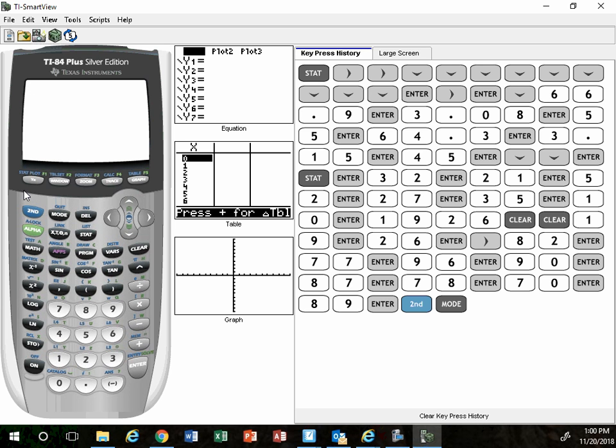What's the order of the lists I'm going to do with my subtraction? Yeah, so we're going to do L2, which is the second list, minus L1. And we want to store these new values in list 3. I'm going to do store in list 3.